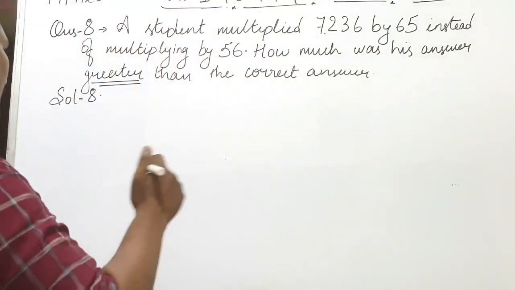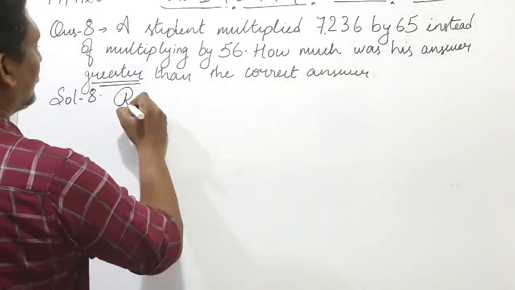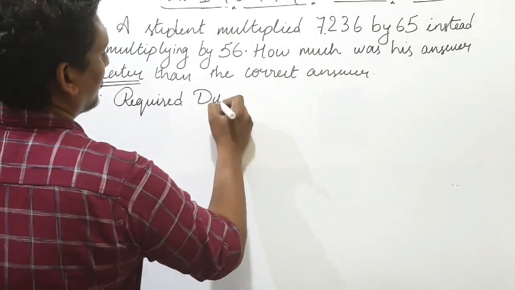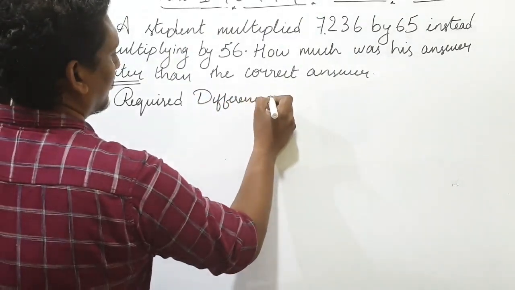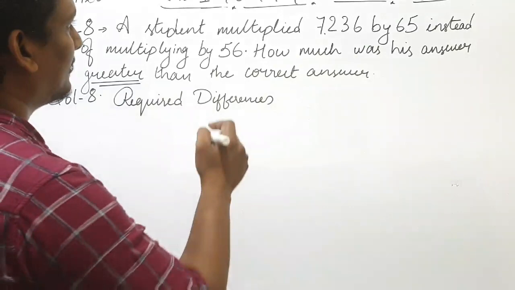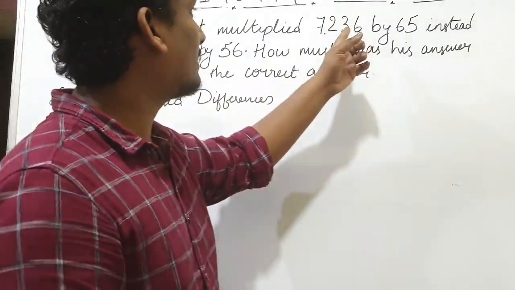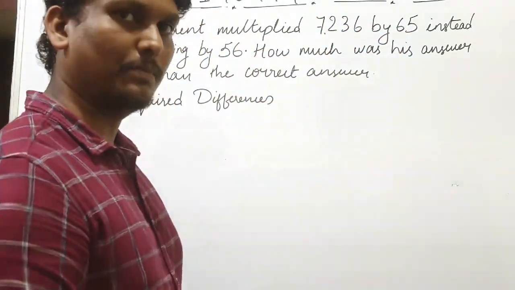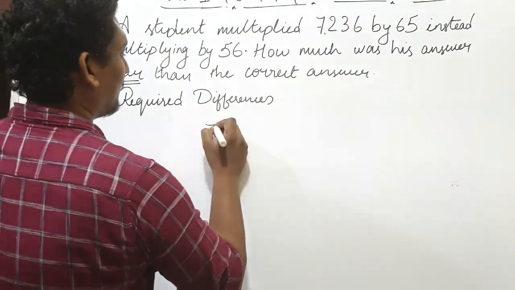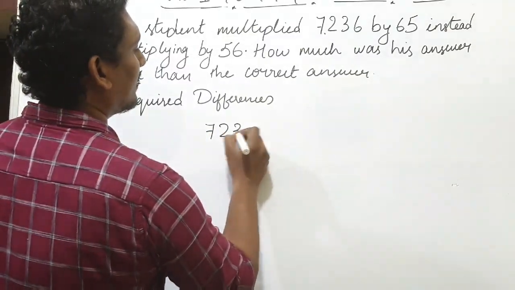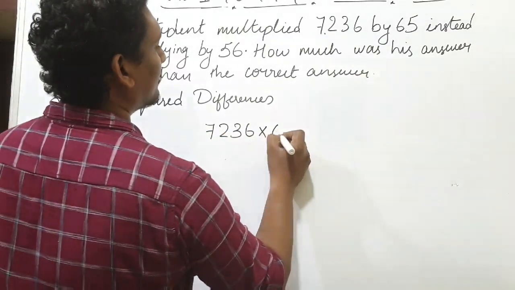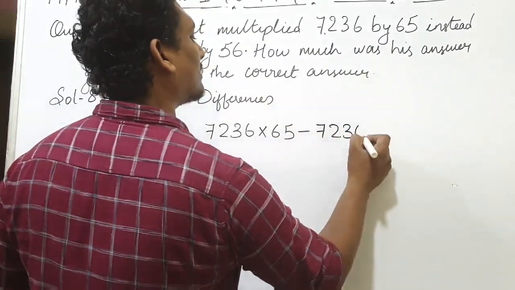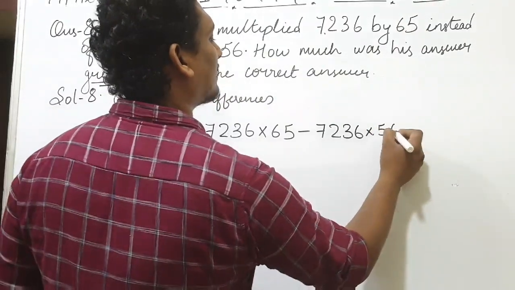So required difference. The first thing is we have to multiply this number by 65 and by 56. So 7,236 into 65 minus 7,236 into 56.